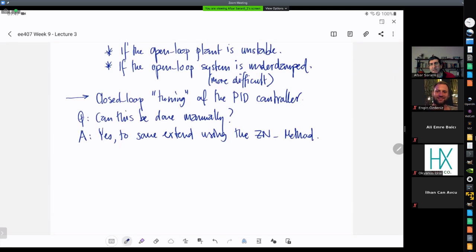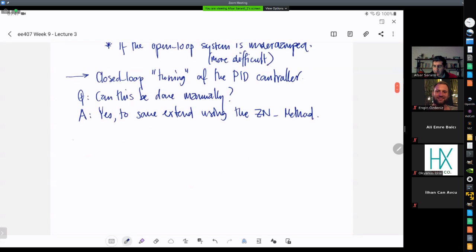Is the concept clear? So let's describe the method. The idea behind the method is basically to find the boundary of stability and back off from that boundary by a safe amount to obtain a reasonable response.